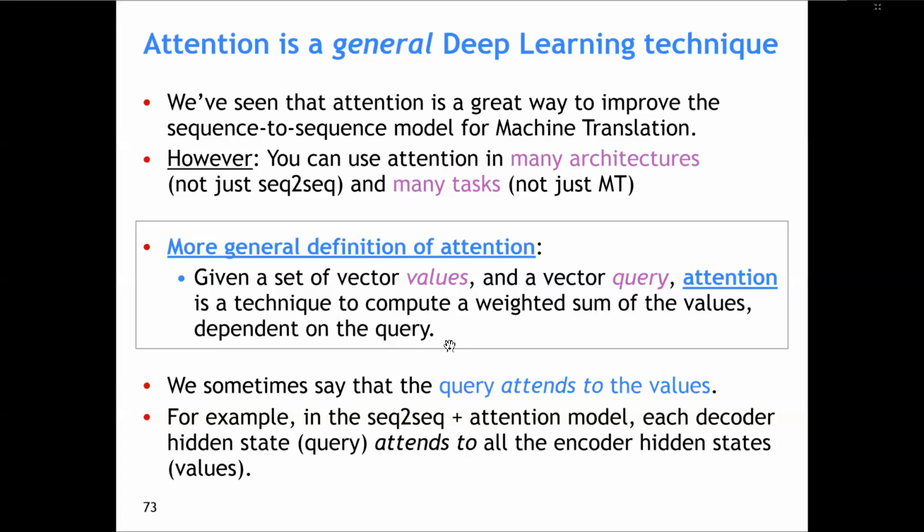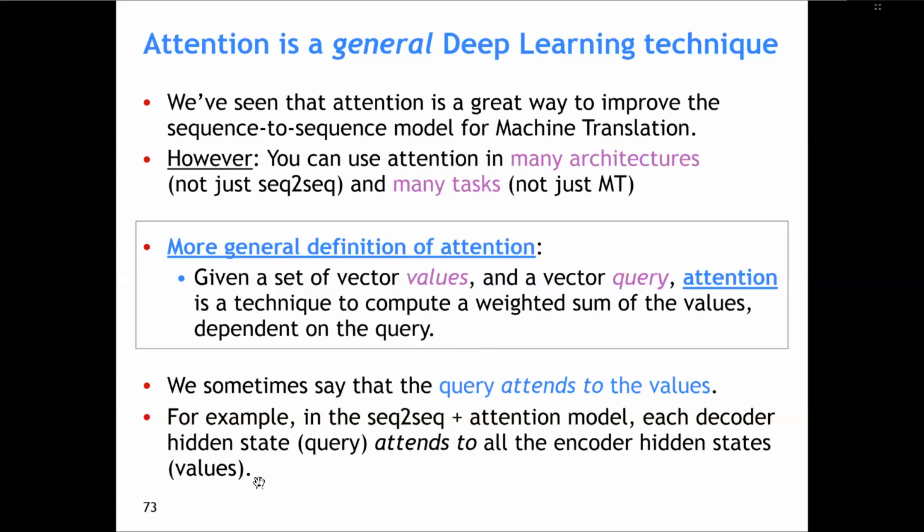It's kind of like a summarization of the values, or a representation of the values most related to this query. So we usually say a query attends to the values. In this model, each decoder hidden state is the query, attending to all the encoder hidden states as the values.